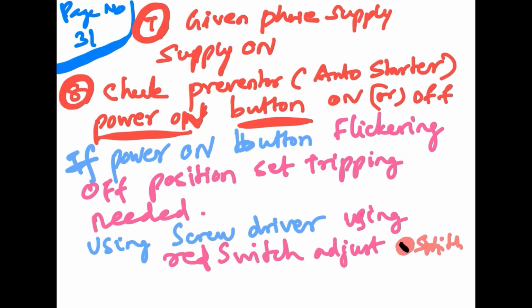Give the phase supply on, check the preventer, auto starter, power on button on or off. If the power on button is flickering in the off position, setting the tripping current is needed.